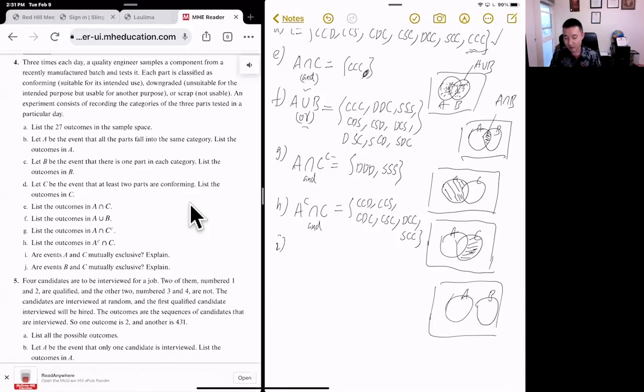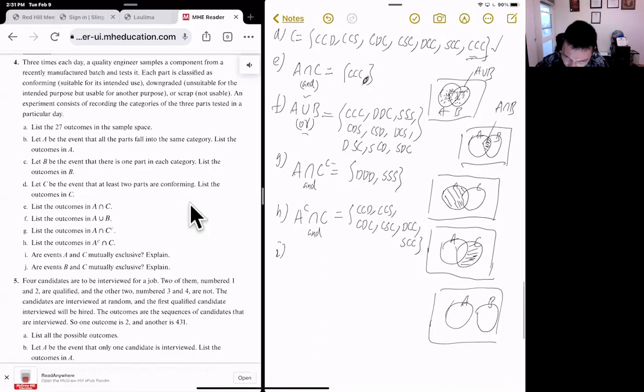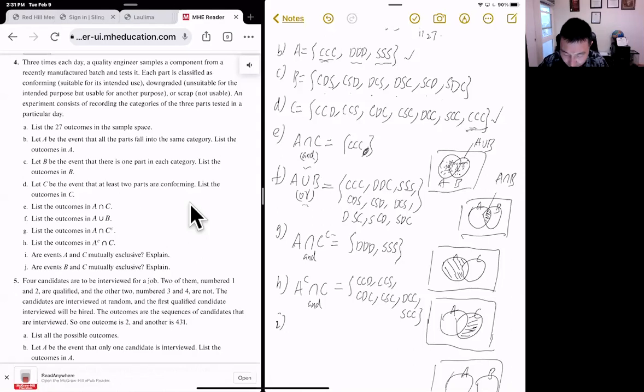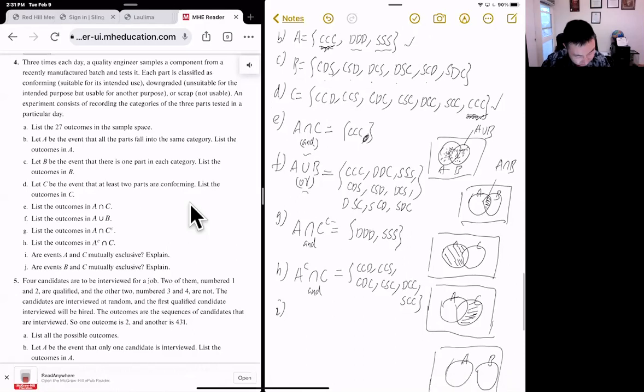We can check A and C, and we found they have something in common, CCC. So A has CCC, C also has CCC, so we cannot say they are mutually exclusive. The answer is no, not mutually exclusive.